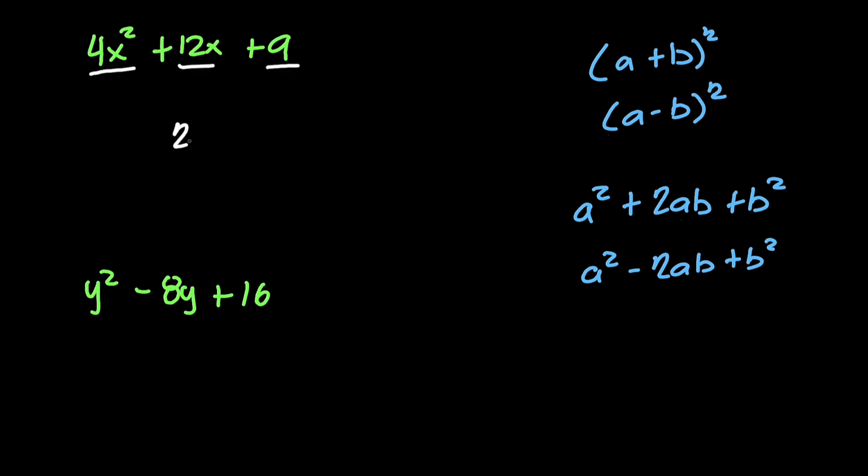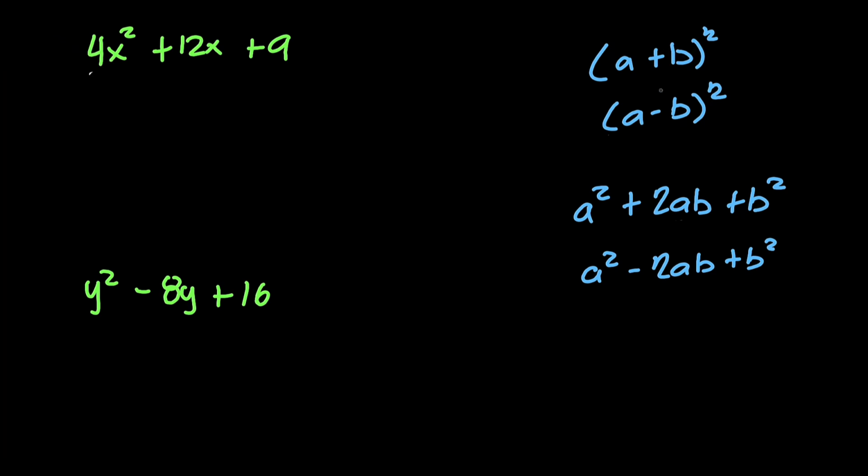So 2 multiplied by a, which is the square root of 4x squared, would be 2x, and multiplied by b, which is the square root of 9, which is 3. And now 3 multiplied by 2 would be 6, and multiplied by 2x, it would be 12x. So this matches 12x. Once again, we've confirmed that this is a perfect square trinomial.